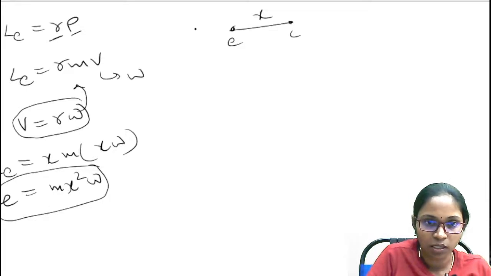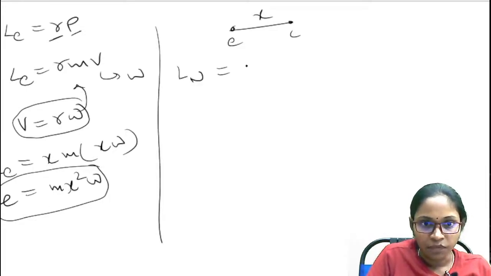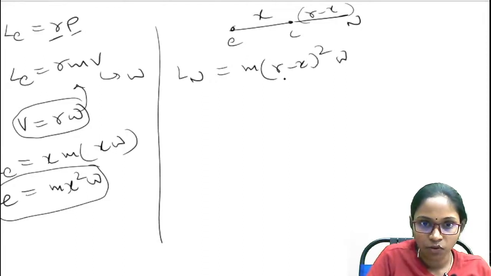And coming to the angular momentum of the nucleus, we have M into, what is the distance between the center of mass and the nucleus? We have r minus x. Therefore M into r minus x whole square into omega.